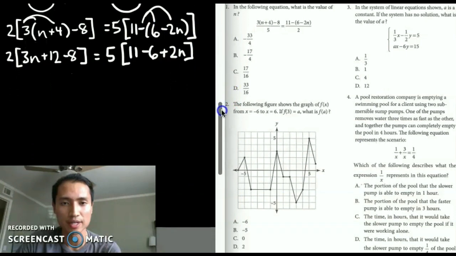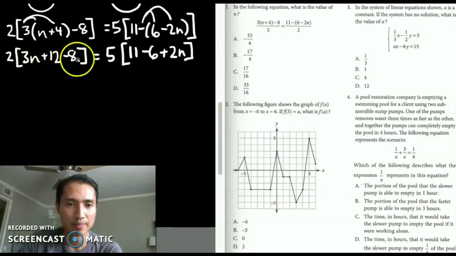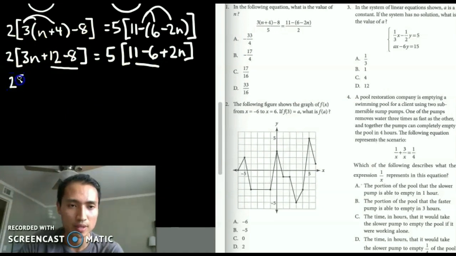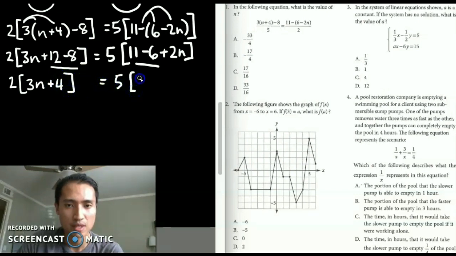I'm going to go ahead and scroll on down. I see some things that we could condense and combine together, and other things that we still need to distribute out. So let me do that combination piece first. Plus 4 is equal to 5 times 5 plus 2n.